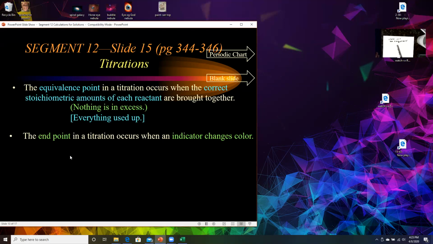So what I want to do is keep adding the solution in the burette until I see a color change down below. Where the indicator changes color is what we call the end point in the titration. And it may not be the exact equivalence point, but if you choose your indicator properly, it'll be pretty close, okay? We want the end point and the equivalence point to be close to each other.